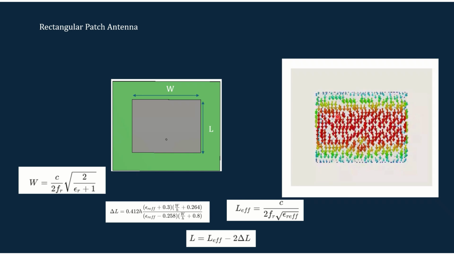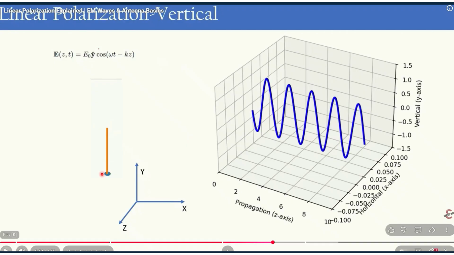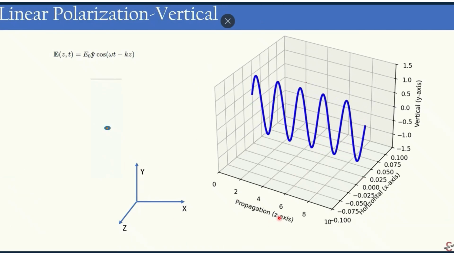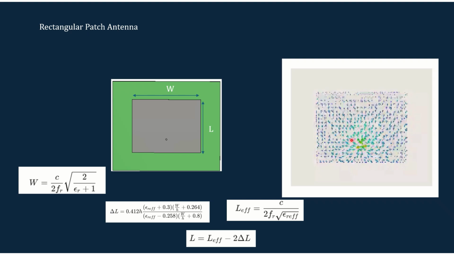Here you can see that this variation is happening up and down. So the electric field will be varying along this y-axis, which is the same case that we are seeing in the rectangular patch antenna.